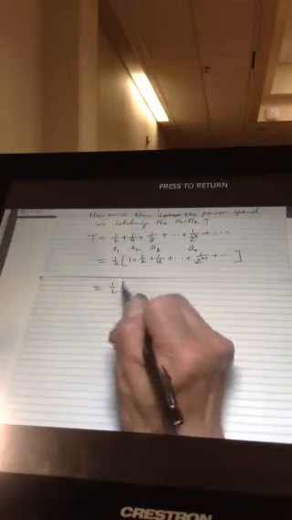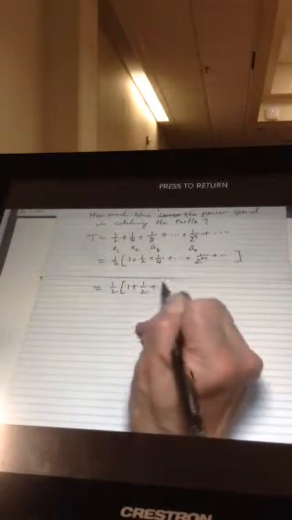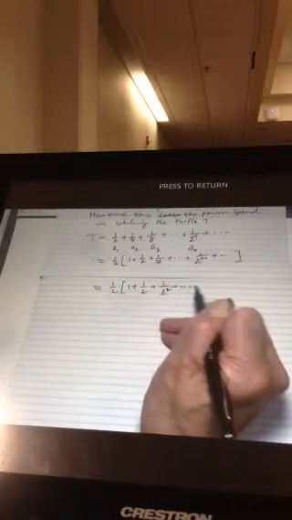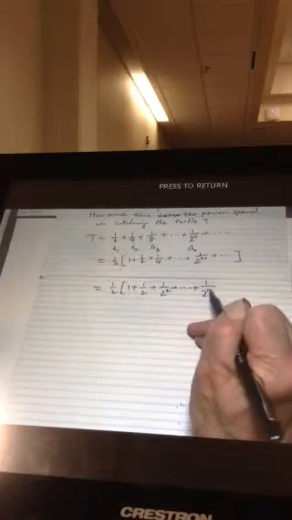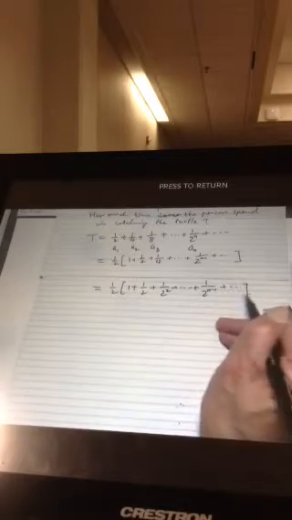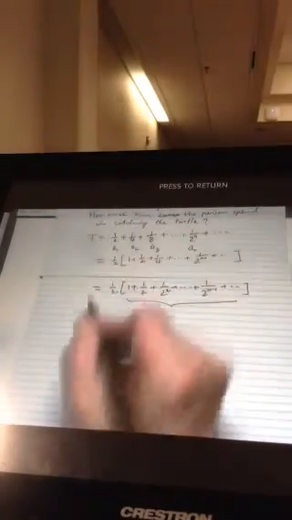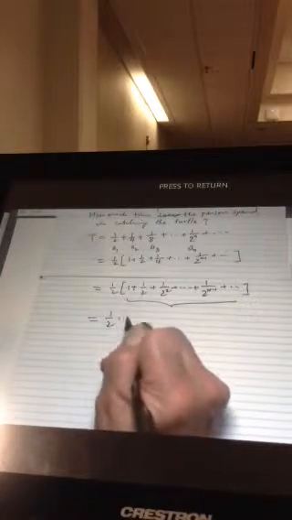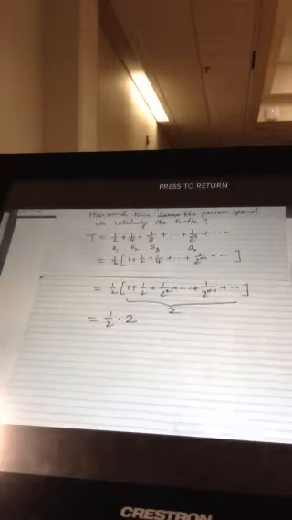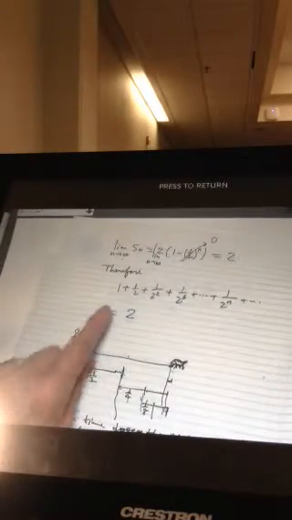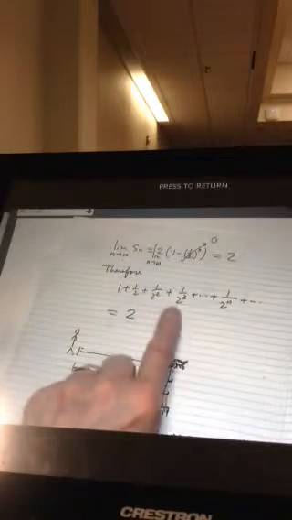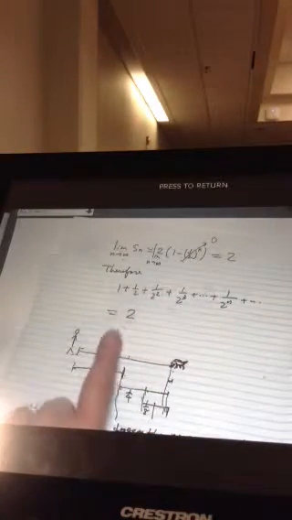It's 1 half, 1 plus 1 half plus 1/2 squared. But this one we just did a moment ago. This was equal to 2. We computed 1 plus 1 half plus 1/2 squared and so on, and this is 2.